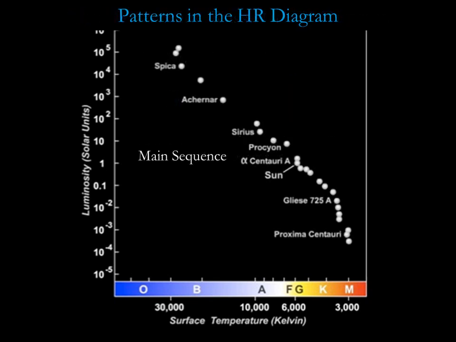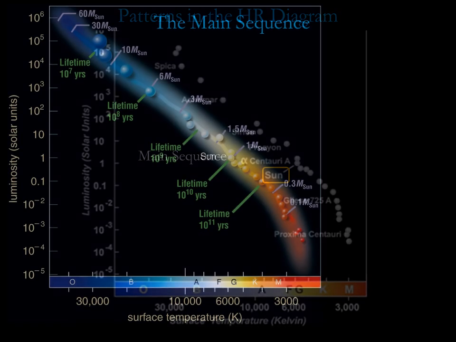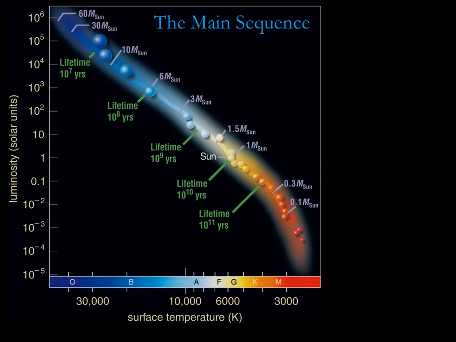Stars do not fall randomly throughout the HR diagram, but cluster into 4 major groups. Most stars fall somewhere along the main sequence, the streak that runs from the upper left to the lower right of the HR diagram. Our Sun is a main sequence star. All of the stars on the main sequence have something in common.